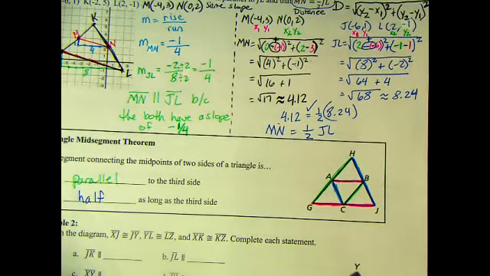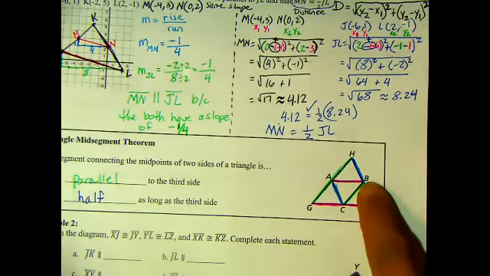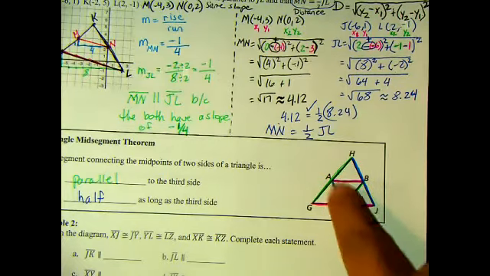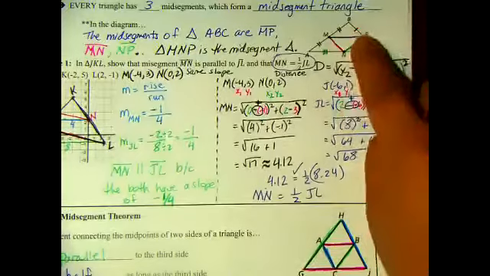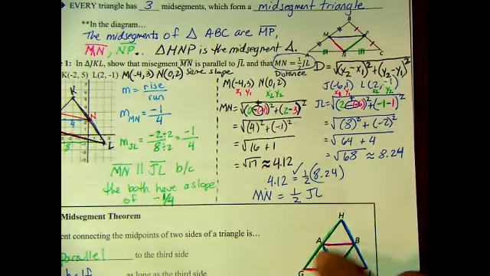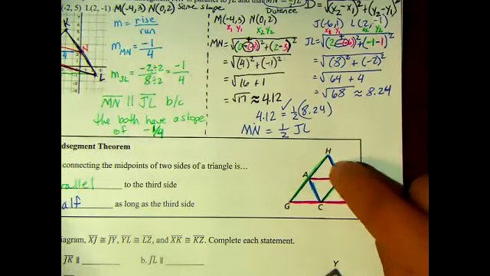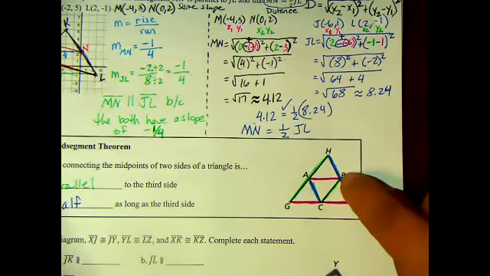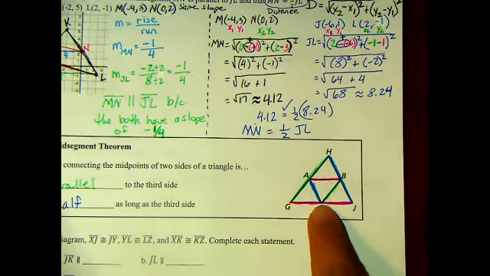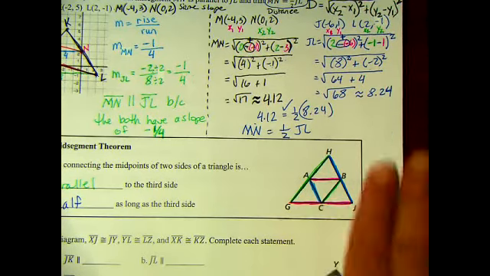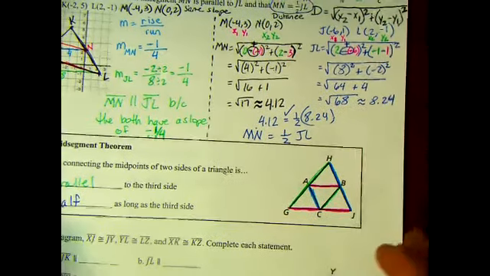Since each of these midsegments connect these midpoints, you still have from the very top, you still have this congruent to this because A is the midpoint. Oh, sorry. You still have this congruent to this because B is the midpoint. And you still have this congruent to this because C is the midpoint. So you have a lot going on here.